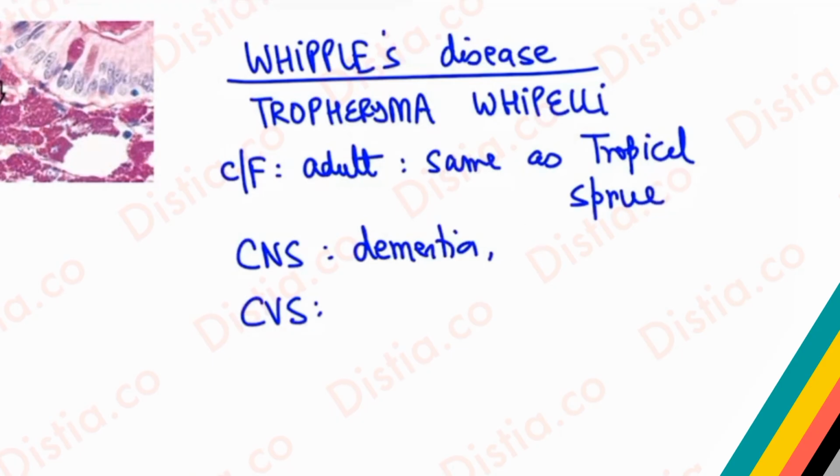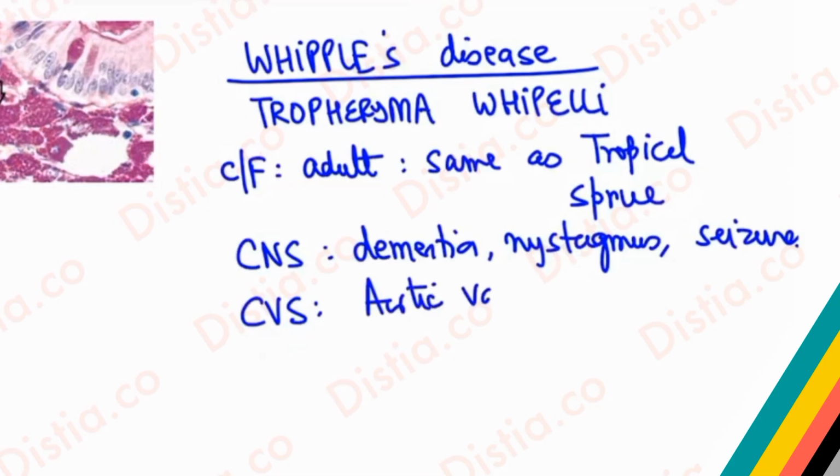He might even mention some neurological features like nystagmus, even seizures in a patient. So the surprising thing is that a combination of malabsorption syndrome with CNS manifestations or even cardiovascular manifestations, in the form of aortic valve disease, might be occurring in this person. These two pointers will always ensure that the question is on the topic that we're discussing.